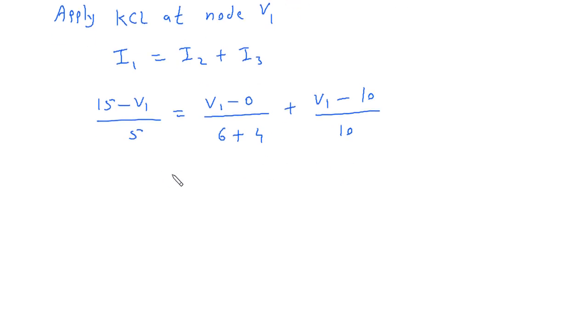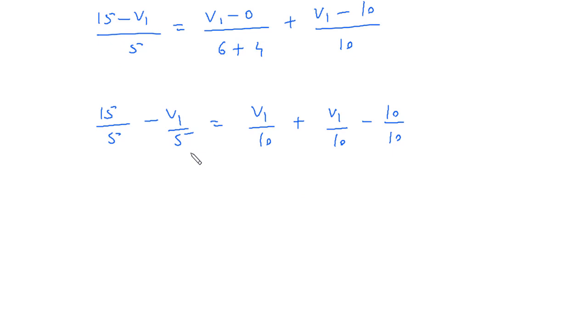Now we will simplify this. So it will be 15 by 5 minus V1 by 5 is equal to V1 by 10 plus V1 by 10 minus 10 by 10.